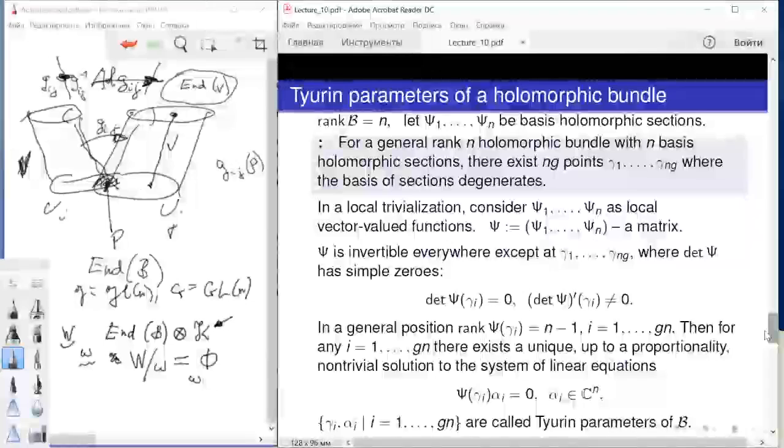Describe Higgs fields in terms of Tyurin parameters. Then I will exactly obtain a Lax operator of the form I invented in the beginning. So let me stop here and go on next lecture.